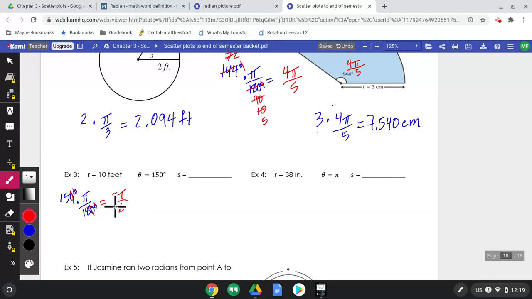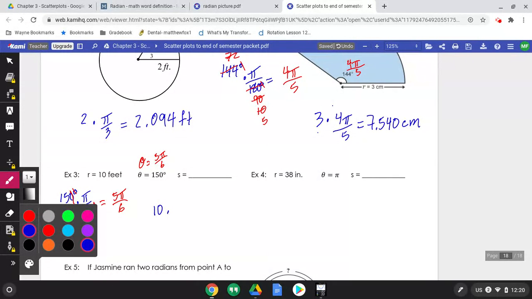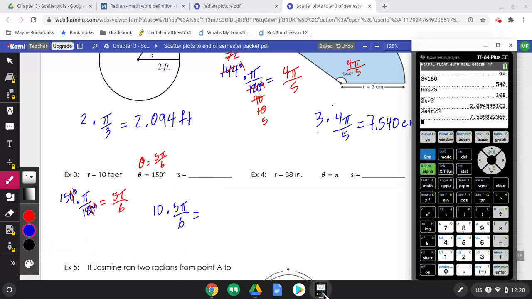So this is how many radians. Theta is the same as 5 pi over 6 radians. So now from here, all I have to do, I know my radius is 10 feet, so 10 times 5 pi over 6. And whatever I get, that'll be S, my arc length.